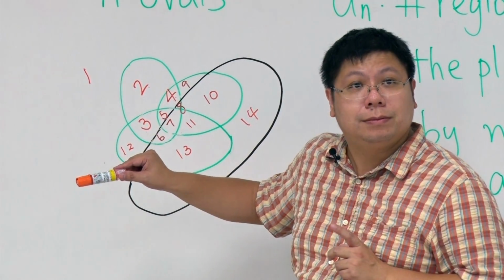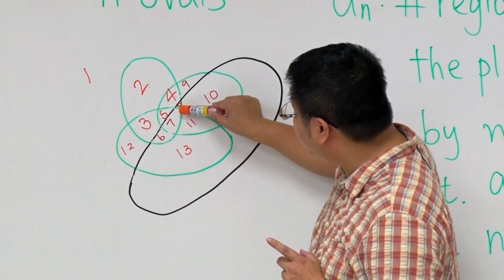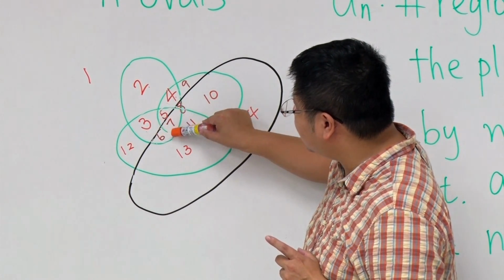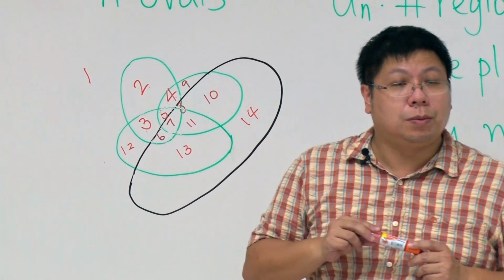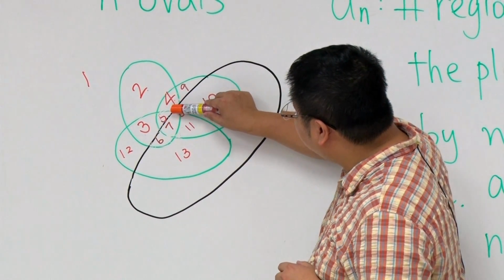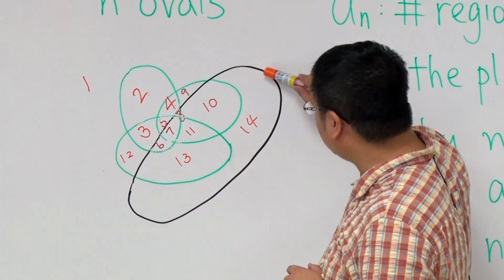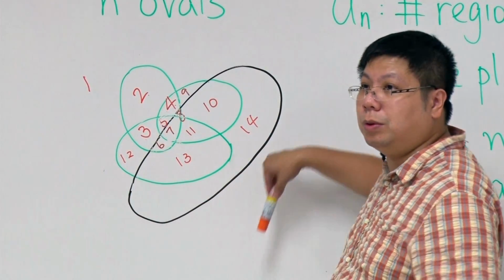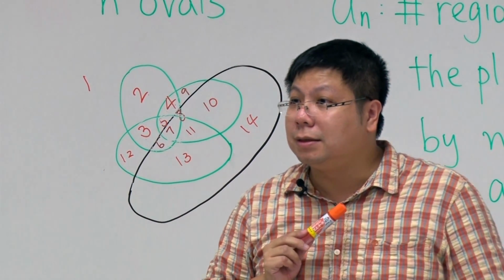And then the next one is this new segment. This new segment is cutting this original region from one into two. So this new segment cuts this part, this new segment cuts this part. Does that make sense?